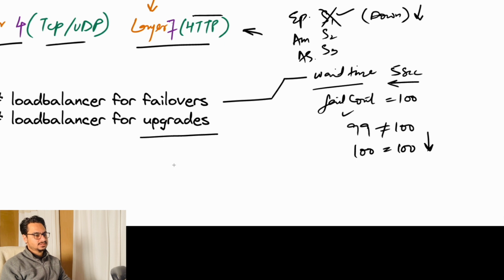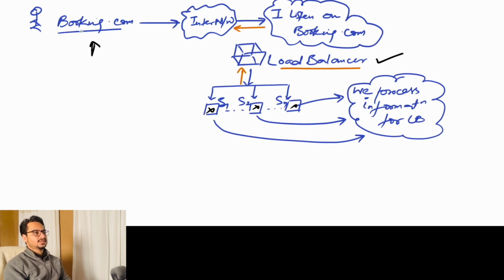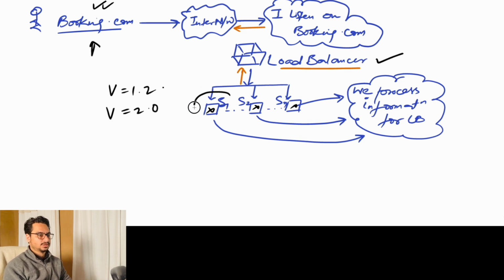What this means is, if I want to upgrade the software version of booking.com, and say all of the software is running on version 1.2 and we want to go to 2.0, we don't want the service to be affected all at once. So we'll only update one server or one infrastructure component at a time.